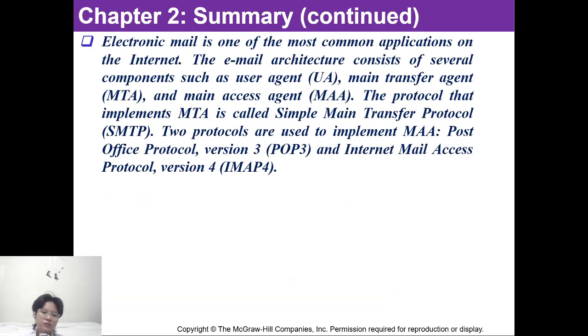Electronic mail is one of the most common applications on the Internet. The email architecture consists of several components such as user agent (UA), mail transfer agent (MTA), and mail access agent (MAA). The protocol that implements MTA is called Simple Mail Transfer Protocol (SMTP).